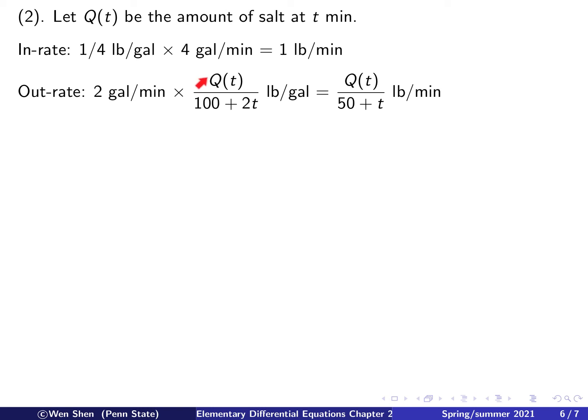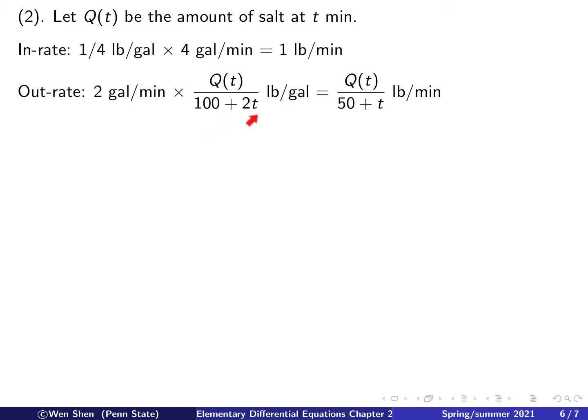So the amount of salt is our unknown Q(t). What will be the volume of the liquid at that time? Well, we know initially it's 100, and then at every unit of time you are adding 2 gallons. So at time t, the amount of liquid increased will be 2 times t, and then put this on top of 100, that will be the volume. Okay, so it's this ratio.